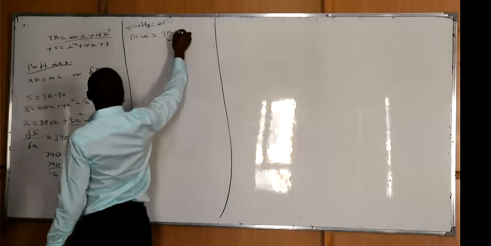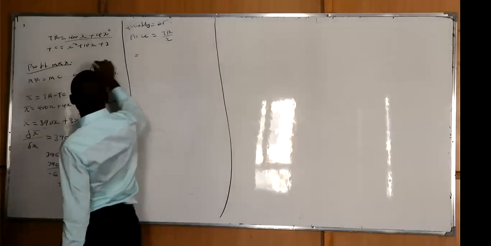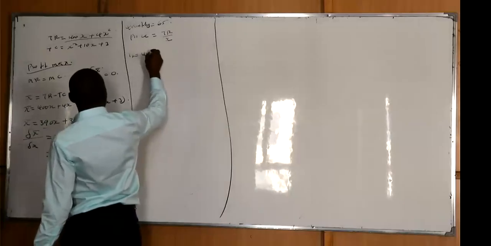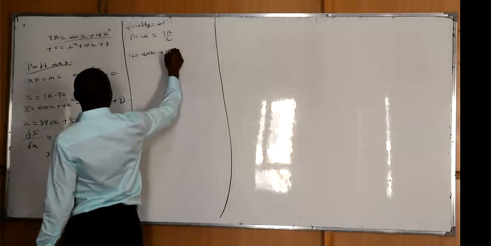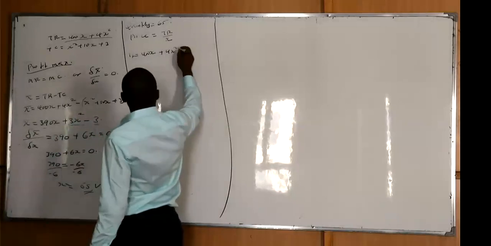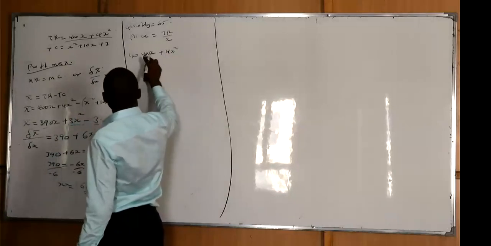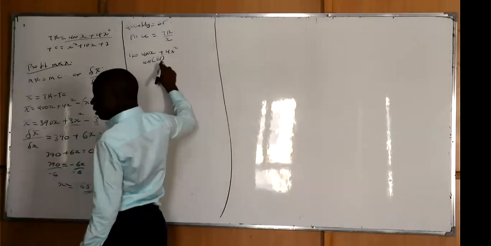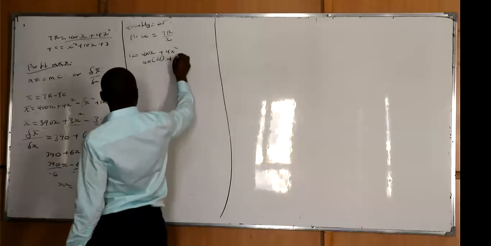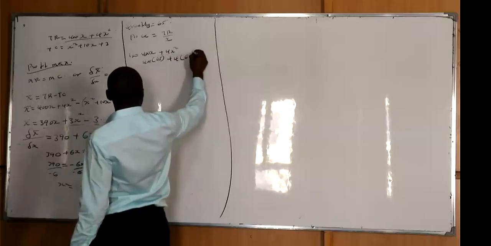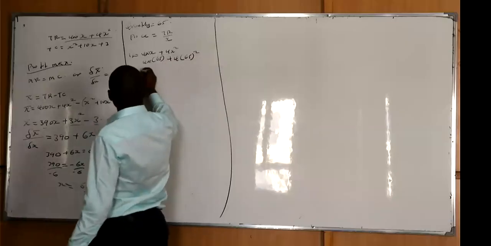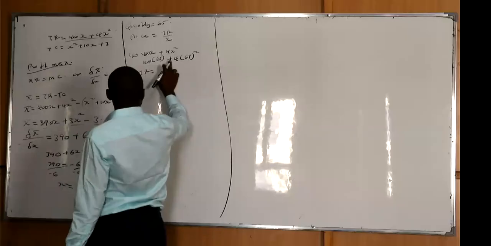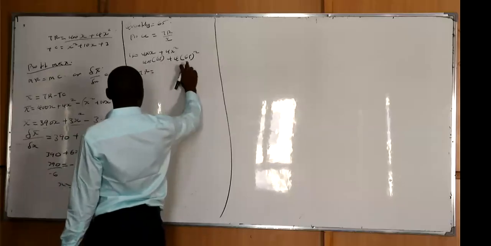So in this case, it will be total revenue divided by quantity sold. Now total revenue: we have the revenue function, which is total revenue equal to 400x plus 4x squared. Now we have the value of x. So it will be 400 into 65 plus 4 into 65 squared.